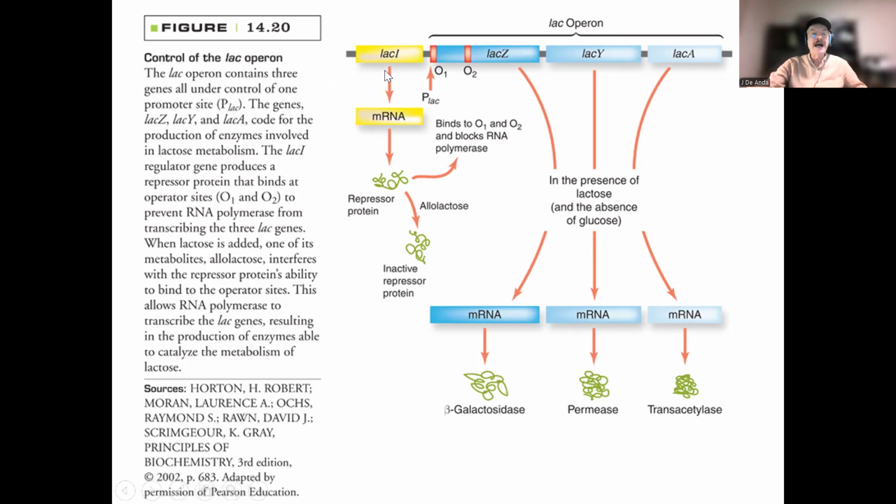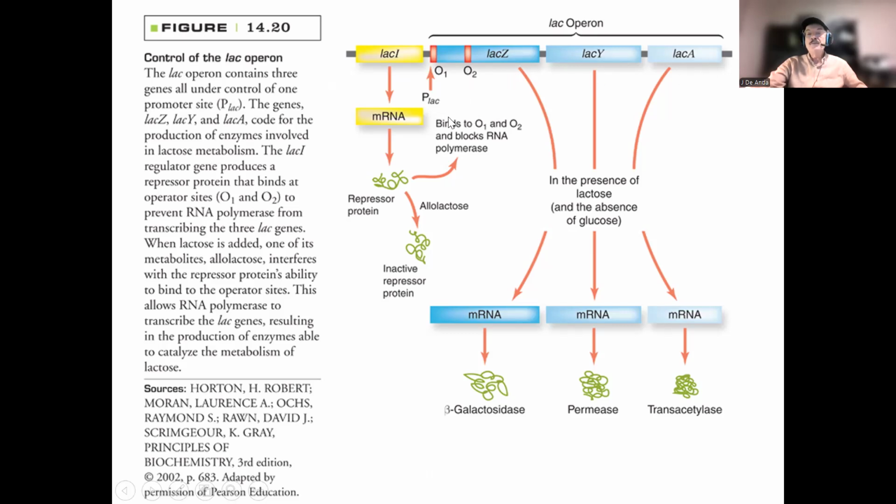It's called LAC-I. So what was found was that this gene in particular was transcribed into a messenger that got translated into what's called a repressor protein. That repressor protein could bind to something here in the DNA called the operator sequences, and it would block RNA polymerase from transcribing these genes that were important.